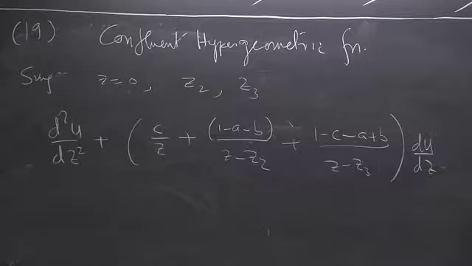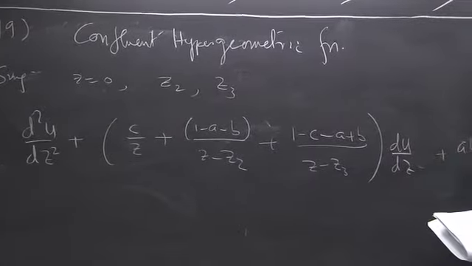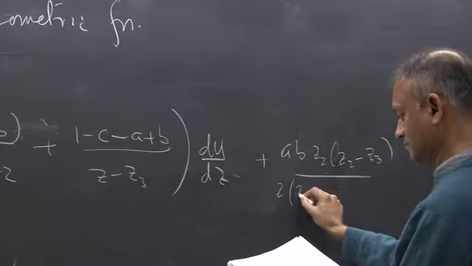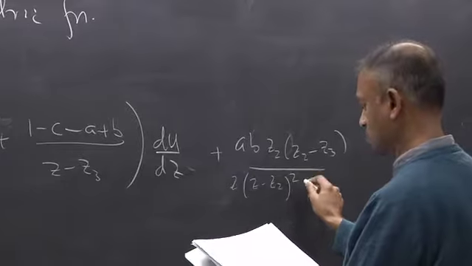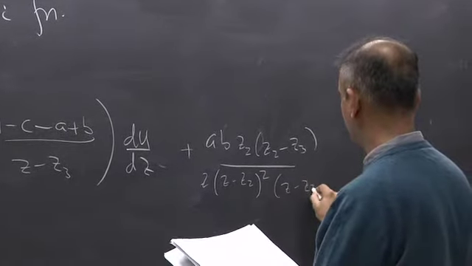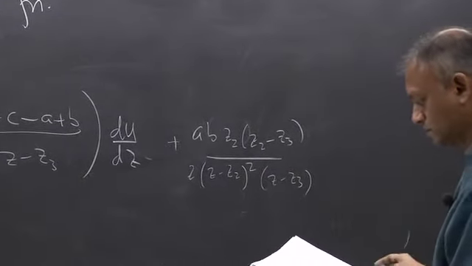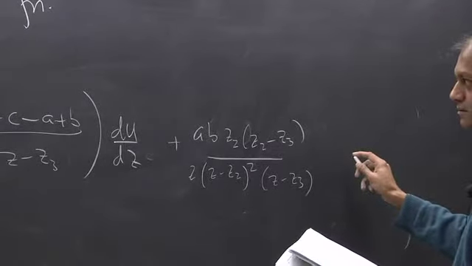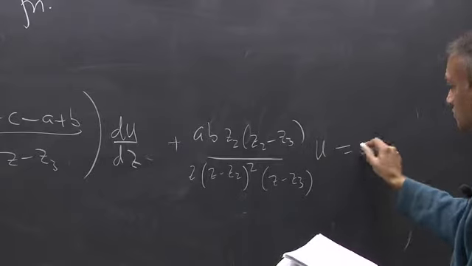And then the last term is plus AB. Now I'm not sure, because the signs may be off in various places. Over z minus z2 times z minus z3, u equal to 0.